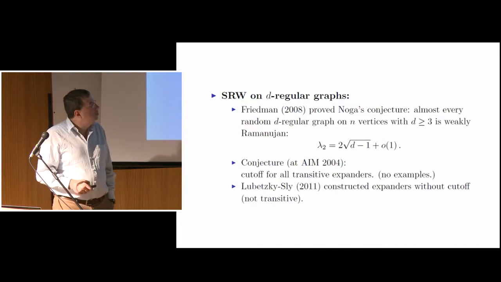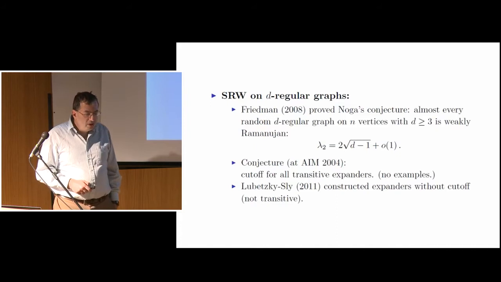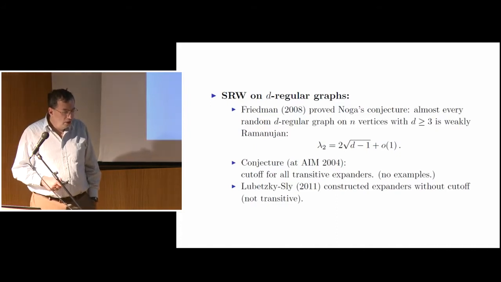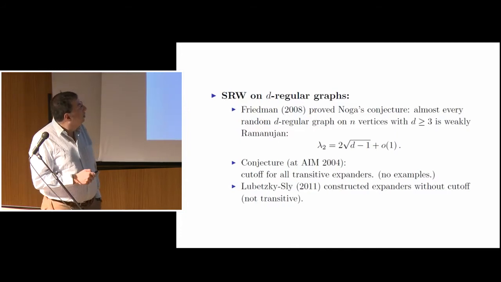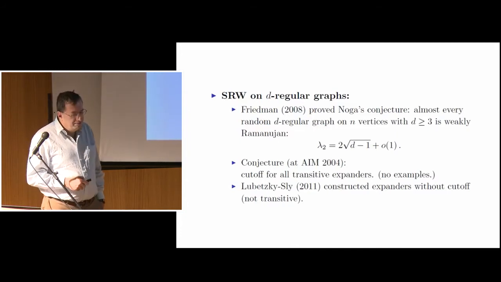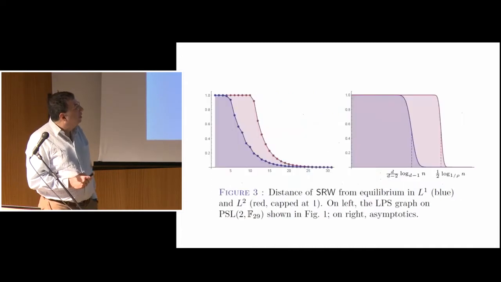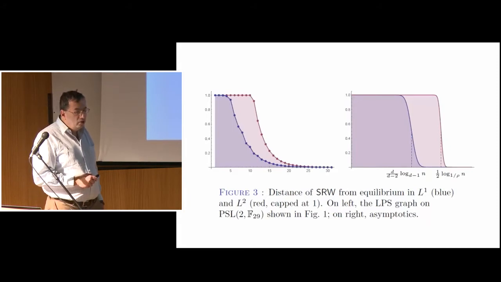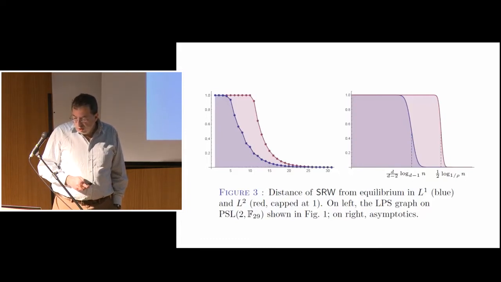Now, since we mentioned Ramanujan, it's still not known whether random d-regular graphs are Ramanujan with some fixed positive probability, but a famous conjecture of Noga proved by Friedman is that they are weakly Ramanujan, so with high probability, lambda 2 is 2 root d minus 1 plus an error that goes to 0. So that's about the random ones.